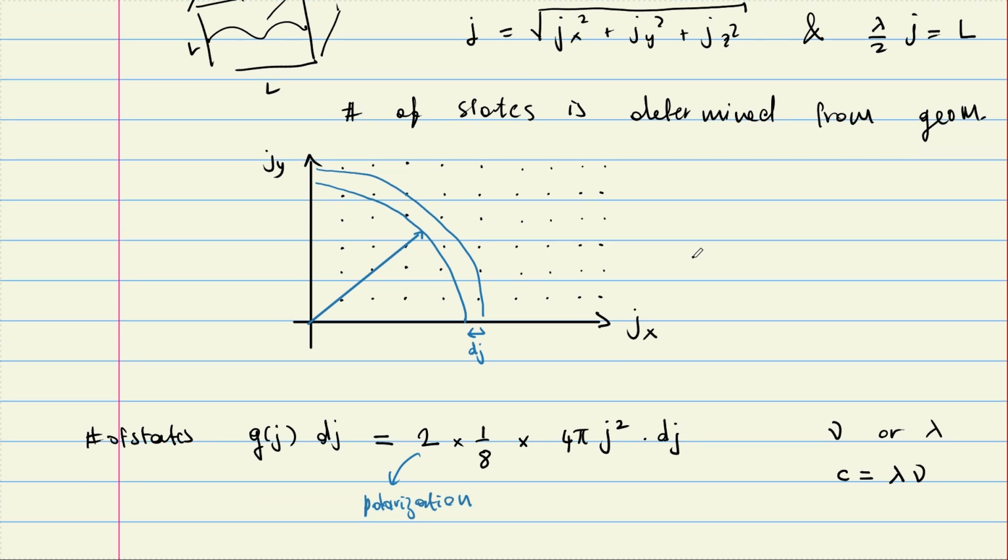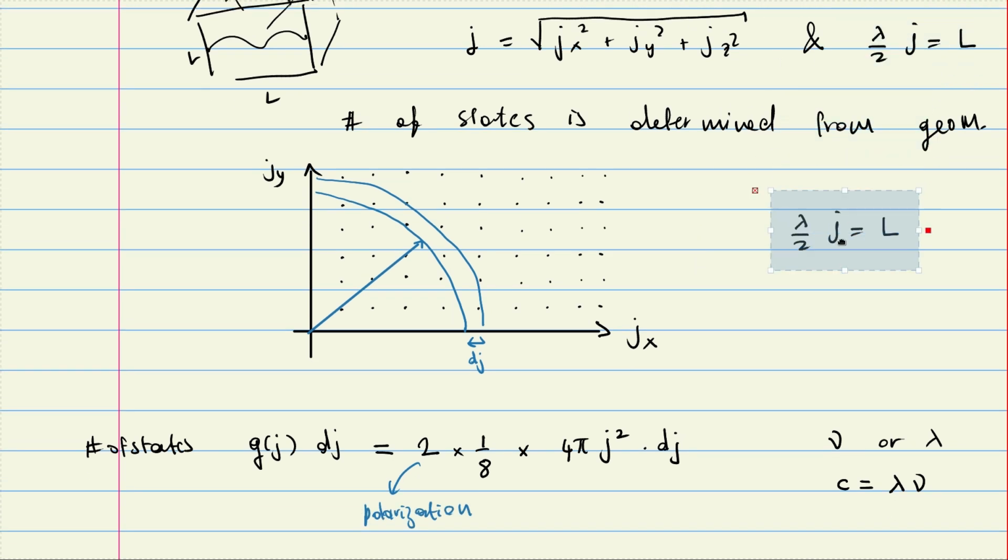Okay, here is my j. So this condition: j is equal to 2L divided by lambda. So this is j, and 1 over lambda is equal to nu over c.